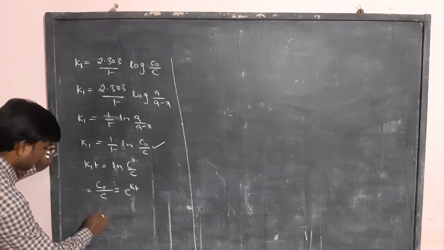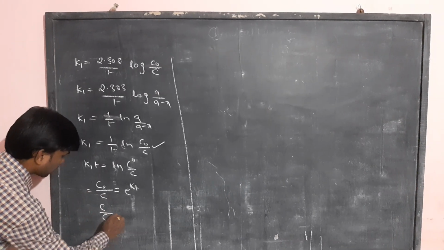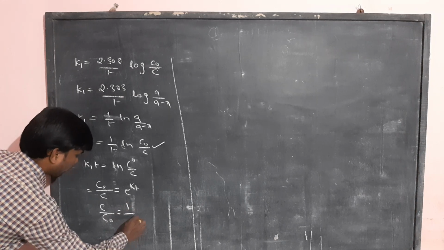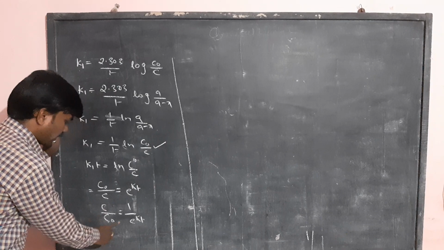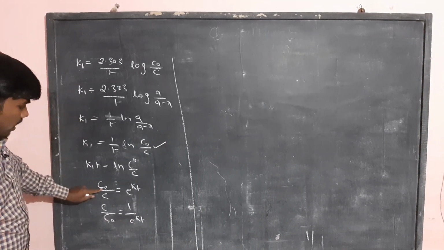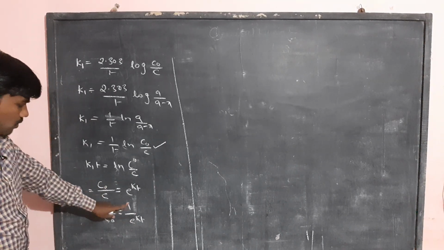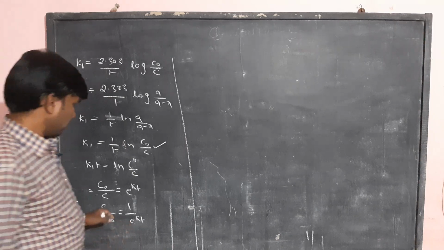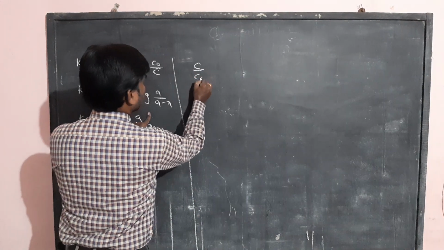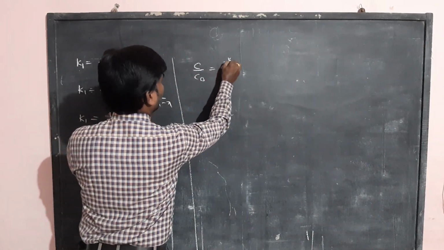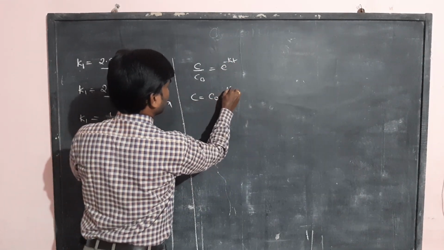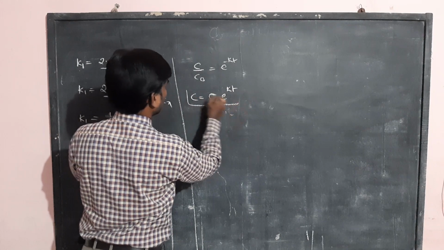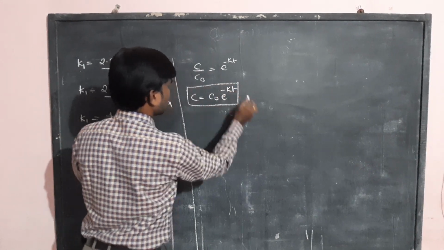Here I am taking the reciprocal: C by C naught is equal to 1 by e to the power of kt. That's why it becomes the reciprocal. So C by C naught is equal to e to the power of minus kt. So C is equal to C naught into e to the power of minus kt.